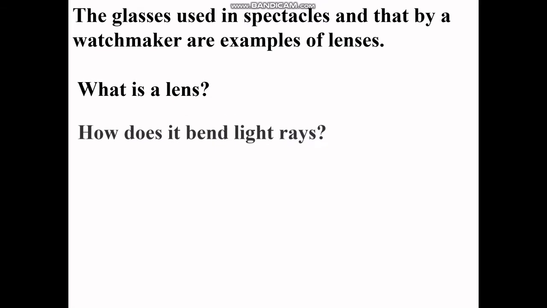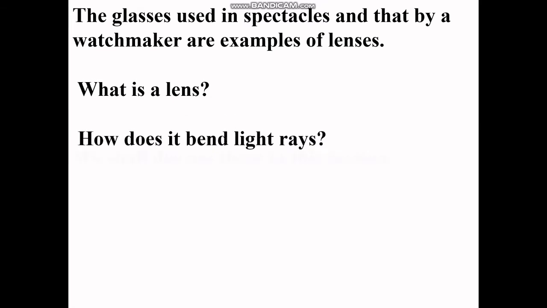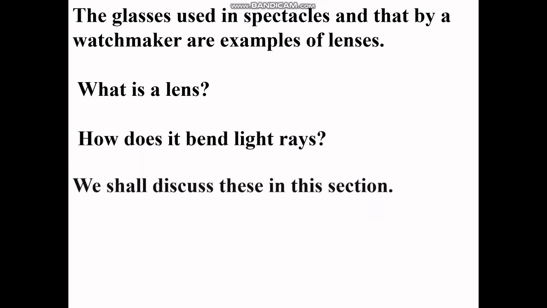Well, the glasses used in spectacles and that of a watchmaker are examples of lenses. What is a lens? How does it bend light rays? We shall discuss these in this section.